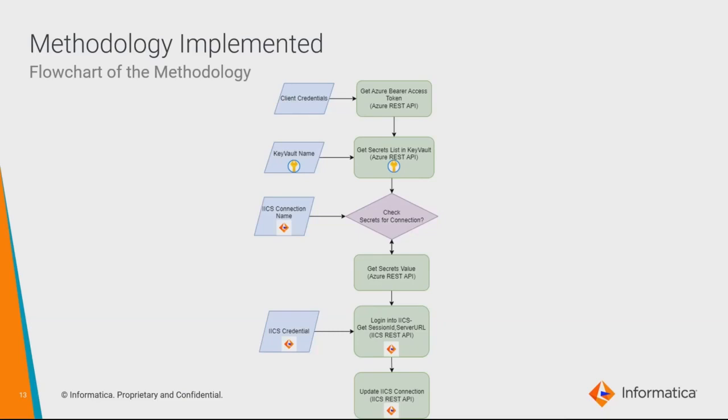Once I get the secret list for a particular Key Vault, I'll be checking whether the particular secret is associated with the connection name sent as an input. Once I get the secret connection, I'm going to pass the name of the secret, which contains the connection name and also the connection parameter, and then get the secret value for that connection parameter and send the valid body for updating the IICS connection after logging into the IICS.